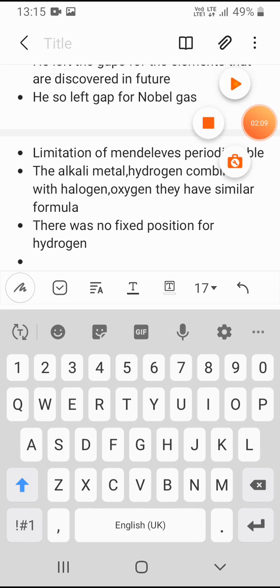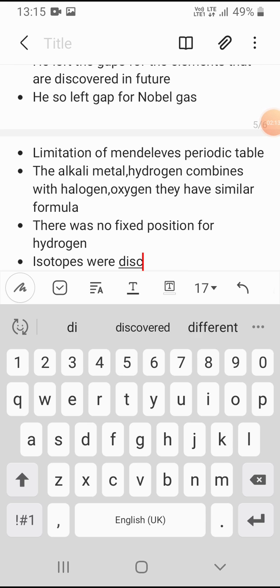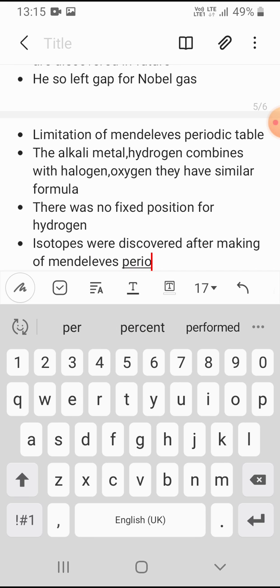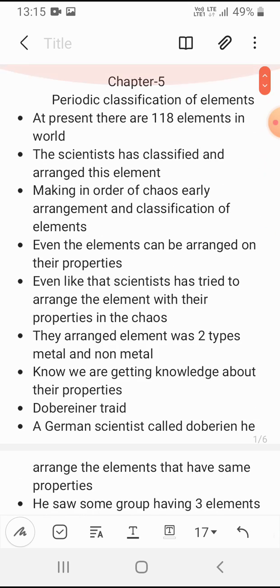And also, isotopes were discovered after the making of Mendeleev's periodic table.